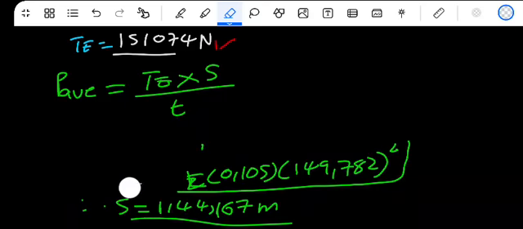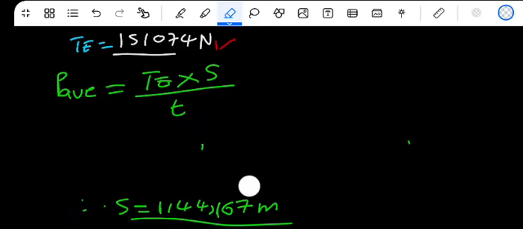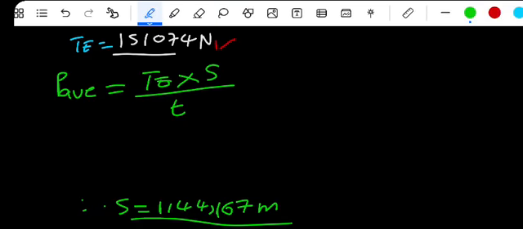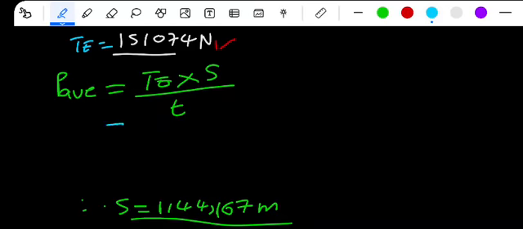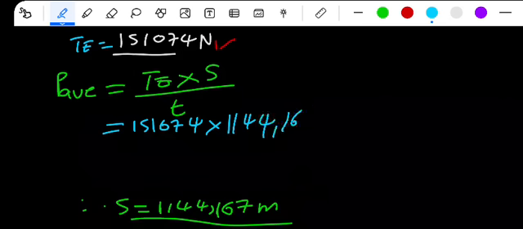So let us try and substitute our values there. We still have TE, 151074, times distance 1144.167. The time is the one that we got.